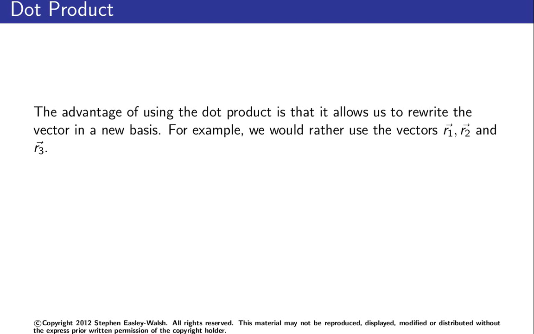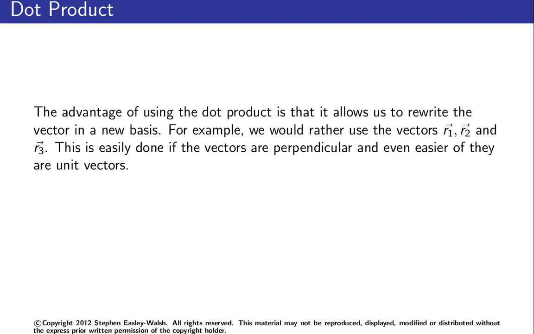So it's a new basis, a new system. This is easily done if the vectors r1, r2 and r3 are perpendicular to each other, and even easier if they are unit vectors. So the first thing you would want to do when using your new basis is to make sure that they're unit vectors first. This makes things a lot more convenient.